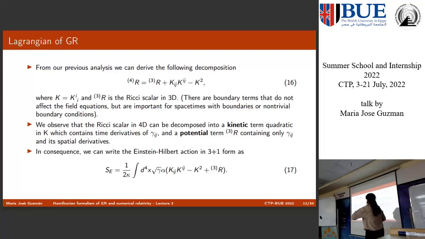And in particular, we have to do this split not only in the fields, but also in the Lagrangian. So the Lagrangian of general relativity, times the square root of minus g, you can split in the three-dimensional Ricci, the extrinsic curvature, and this mean curvature.